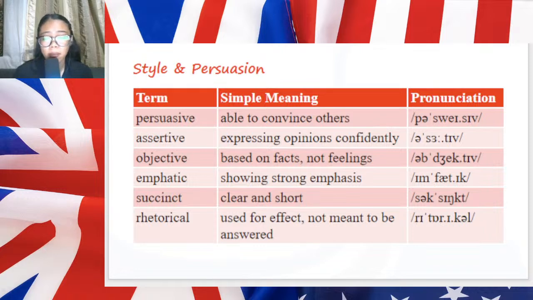Let's start with em. Next to that is fat, which has a short vowel sound, and then ik, a short e vowel sound. So all in all, this is emphatic.